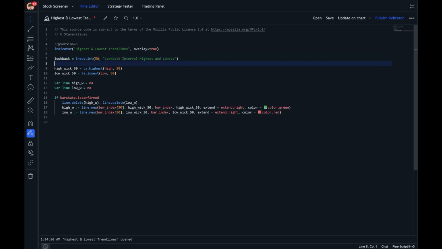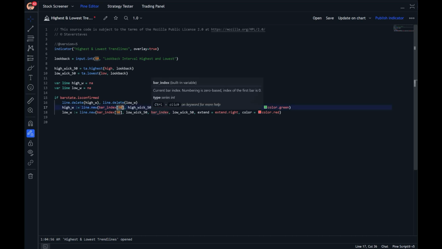Now we have to tell these functions that we want to pull the interval from this variable. So how do we do that? Well, we just simply replace the 50 with lookback. So then this is going to reference this, which is going to reference this, which will be whatever we input, okay? We're going to do the same for here. Now, because we're customizing our look back period, remember we changed this to look back at the same point in time.